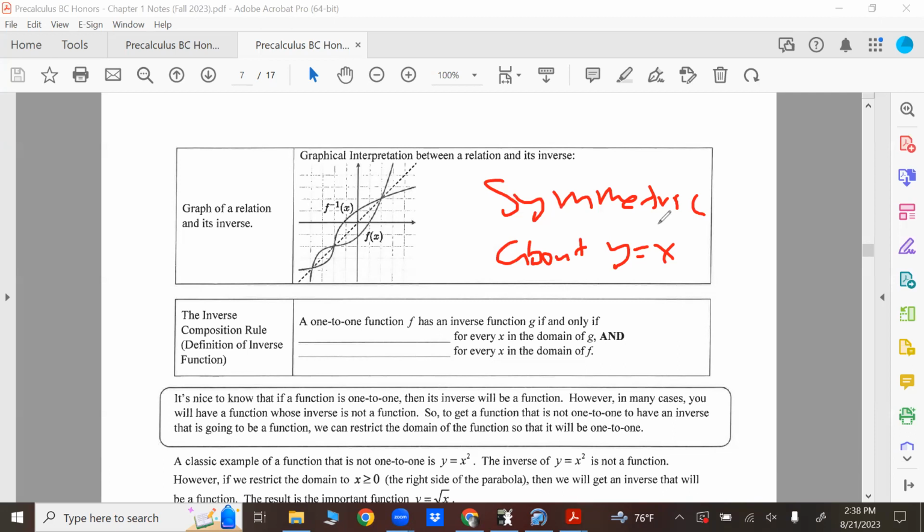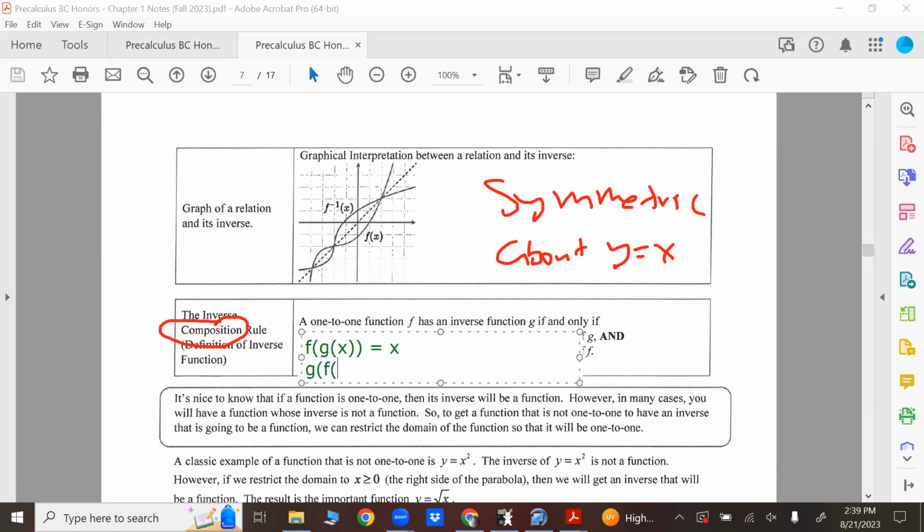And also another thing you need to know regarding composite functions is that f of g of x equals x, and g of f of x equals x.